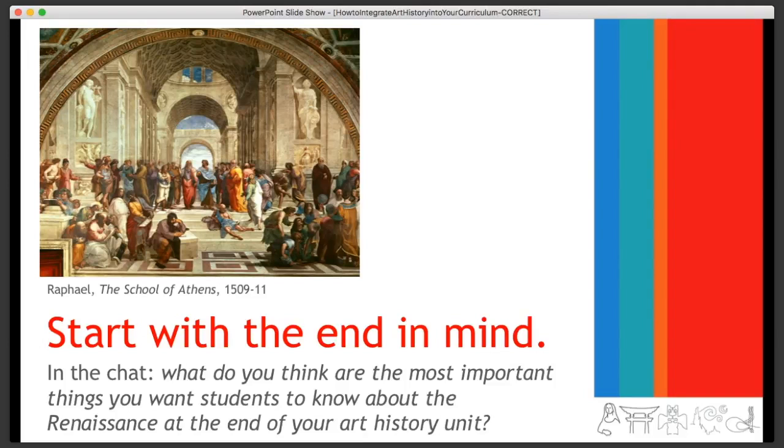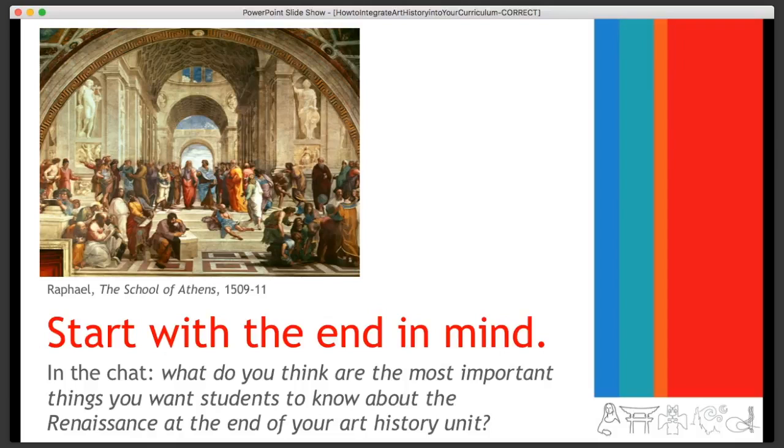But a lot of the things people are saying here are the dates and the names and all the little tiny details, which we as art people can eat up. But really, for students, we have to pare it down a little bit. So when you're starting with an art movement or an art period that you're going to teach, it's important to start with the end in mind.